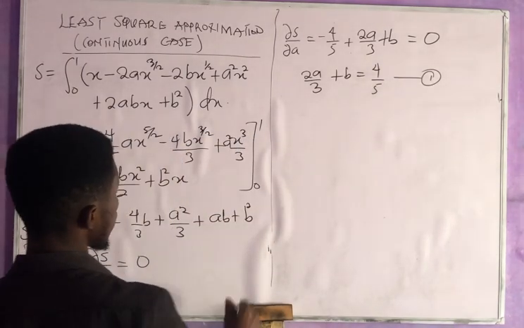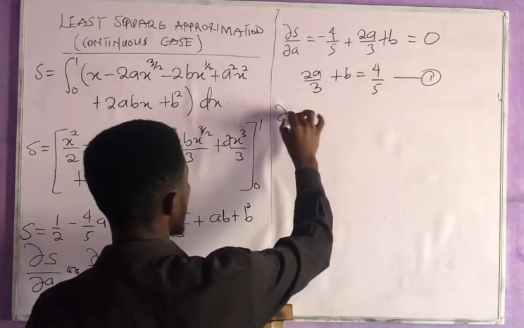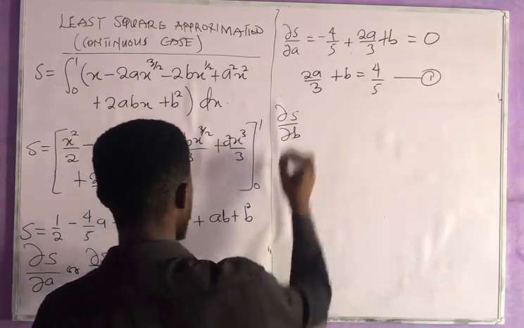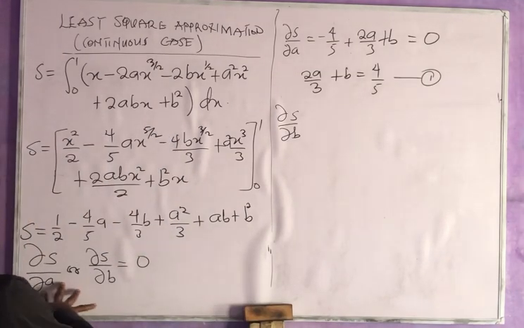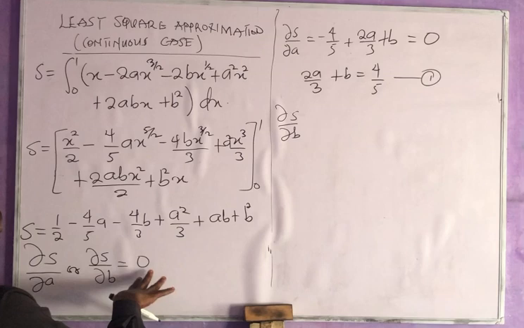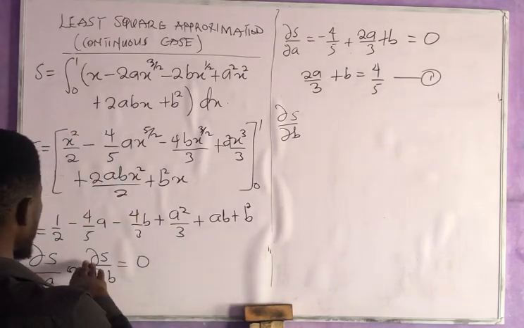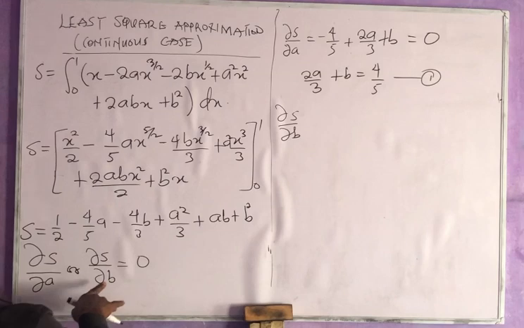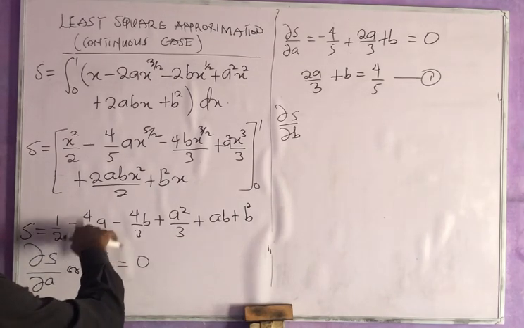Now let's move on to the next one. That will be delta s delta b. So for you to be able to minimize the error, their partials with respect to a and b should be what? 0. So if I take the second one, I'm going to differentiate partially with b. This will go to 0 because this is constant. A here will also go to 0.